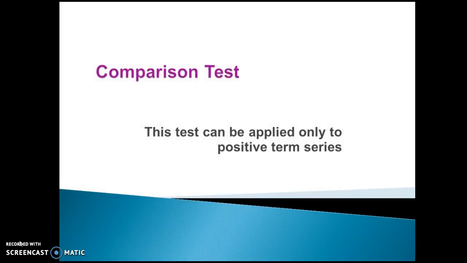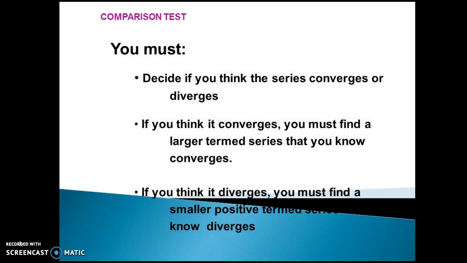Next one is the comparison test. This test can be applied only to positive terms of the series. You must decide whether you think the series converges or diverges. If you think it converges, you must find a larger term series that you know converges.